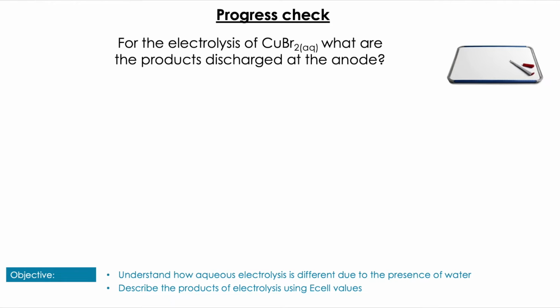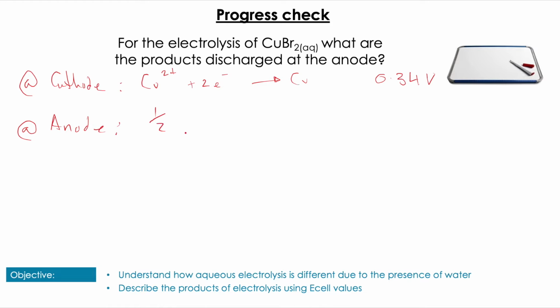Pop them up! So first things first, you're going to need the reactions at each electrode. So at the cathode, copper is going to be reduced because it has a more positive value than that of water. And at the anode, you are going to have the oxidation of the bromide ions, because the bromide ions have a more positive value in the reverse direction than that of water.